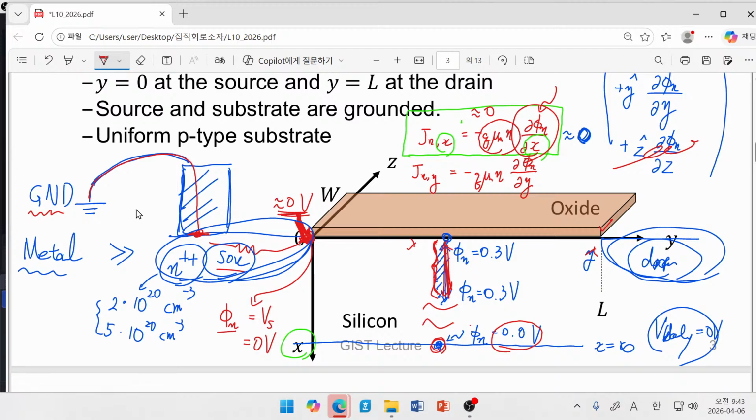So there is no contradiction in this discussion. Please note that this constancy of phi n should be regarded as holding only within your channel region. So nearby the interface, and nearby means just a nanometer-scale distance from this interface, you can assume the constancy of your electron quasi-Fermi potential.